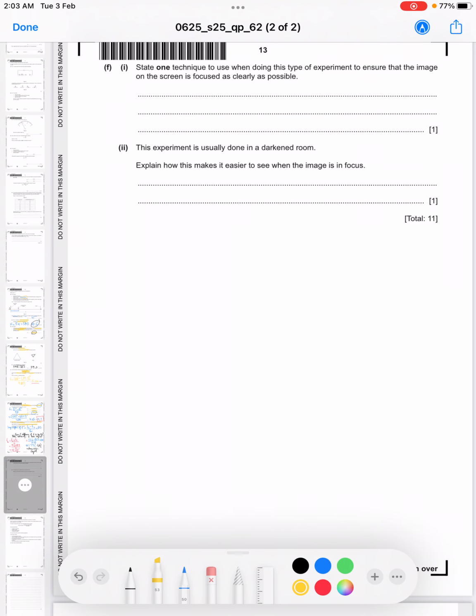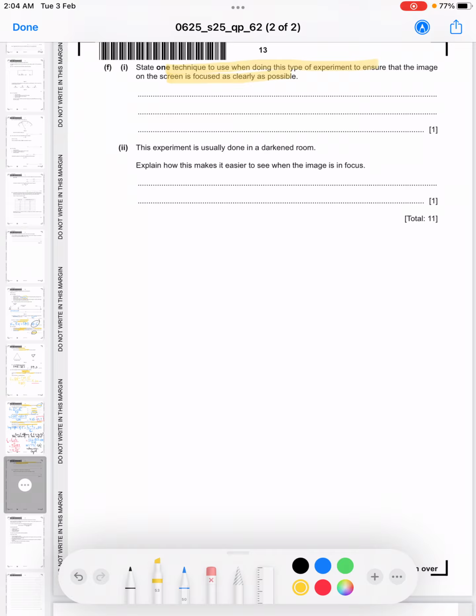State one technique to use when doing this experiment to ensure that the image on the screen is focused as clearly as possible. So what we need to do for getting the focused image is move the lens slowly, right? In this case, we are moving the lens backward.